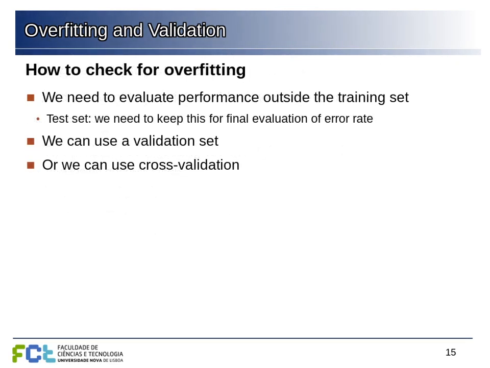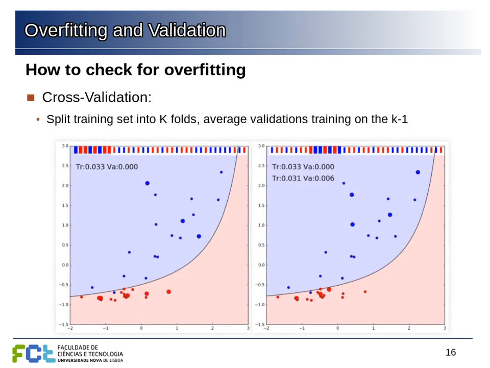So one way of checking for overfitting is to evaluate the performance of the instance we have in our model outside the training set. One method that we saw previously last semester was cross-validation. So basically, just to review this, we partition the training set into several parts.